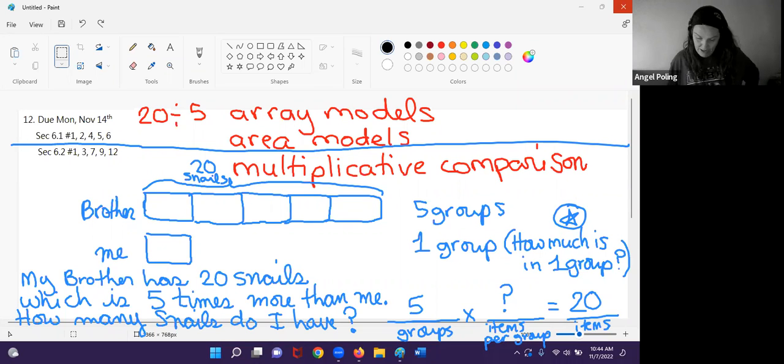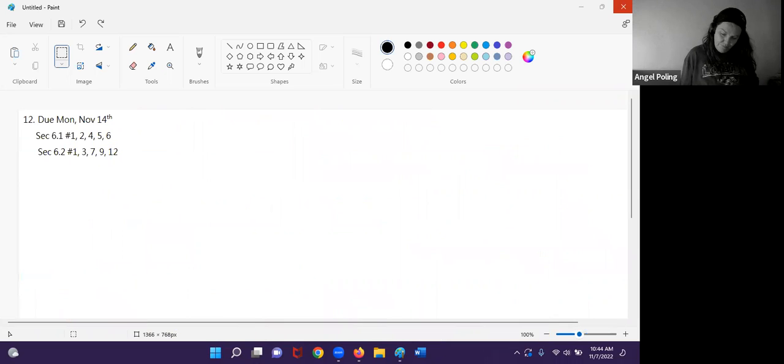Okay, let's look at array model and area model. So 20 divided by 5 as an area model. Let's see.